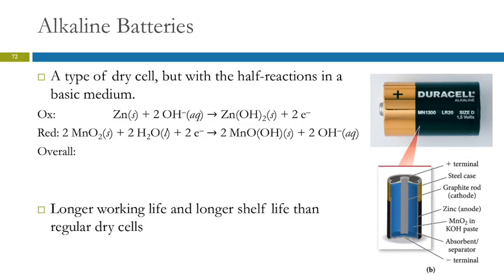Let's just go ahead and finish that guy off. So again, there's 2 electrons. Here we have hydroxide in the oxidation reaction and hydroxide in the reduction reaction being used in one, produced in the other, and so we can cross those out as well.